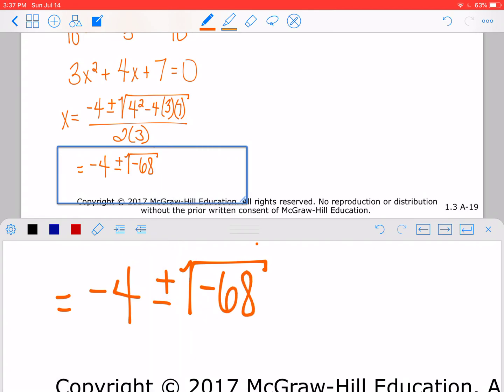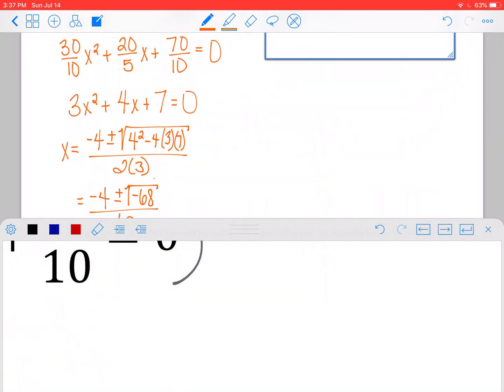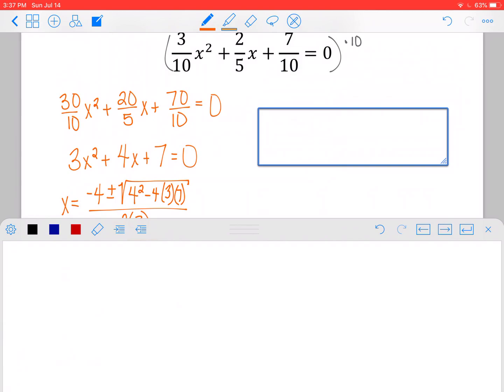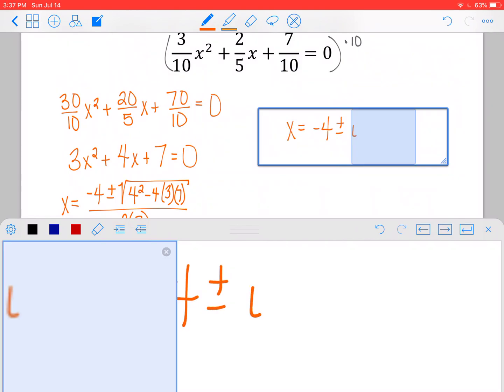Square root of 68 can be simplified. So since this one's a little bit longer, we'll go to the side and do this here. So 68 is 6 times 8, right?